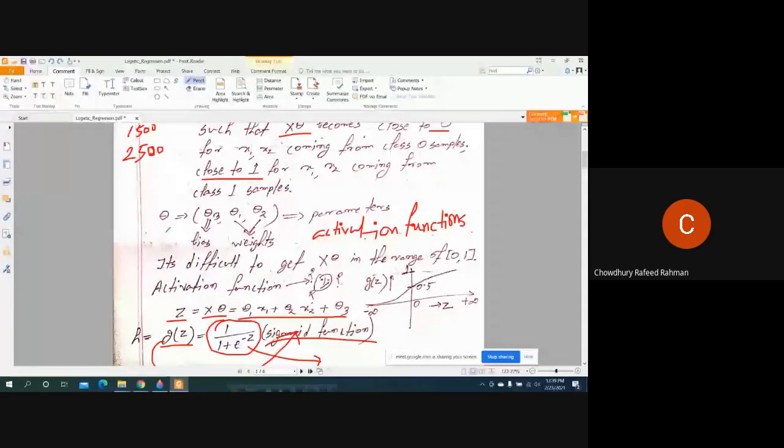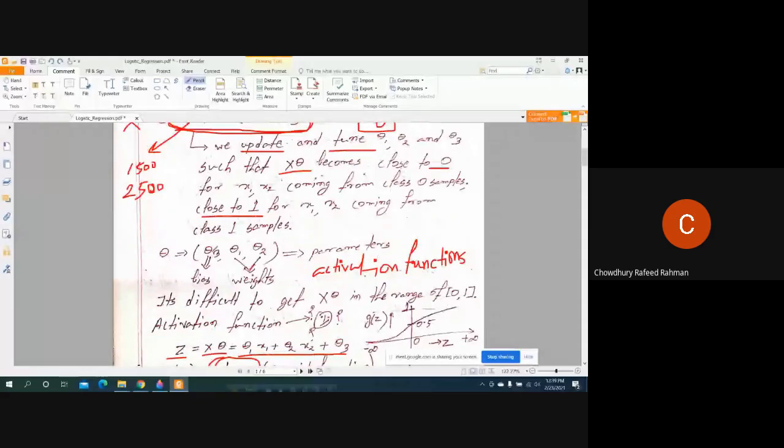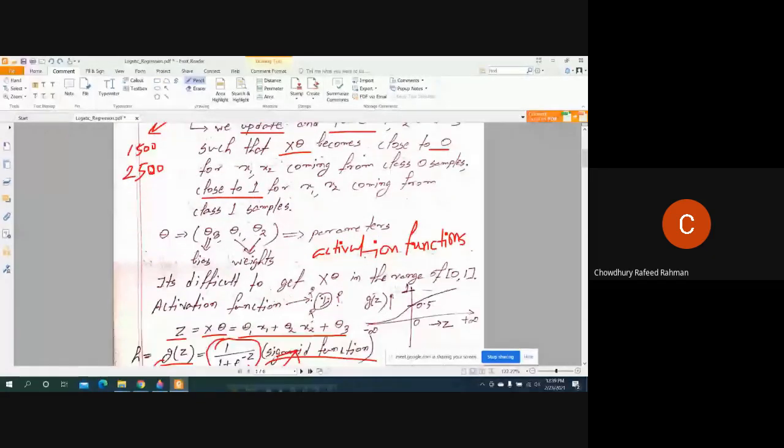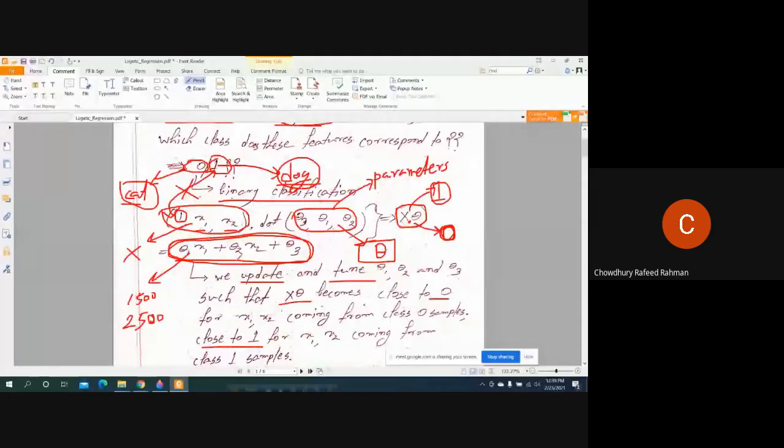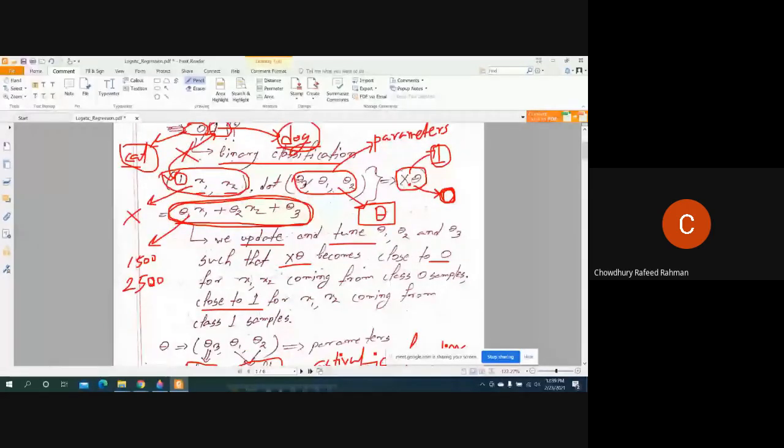Okay. Now I was talking about theta 3, theta 1, and theta 2. Here you will have to understand two concepts. One is the concept of bias, and the other is the concept of weights. So what is bias? If you look here, theta 3 is being multiplied with 1. 1 into theta 3 equals theta 3. So theta3 is not being multiplied with any feature.